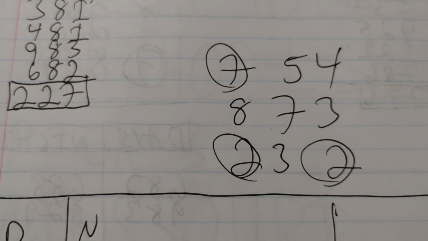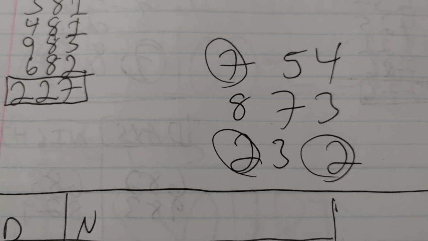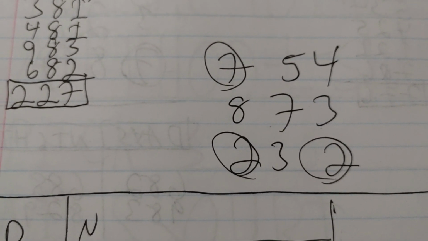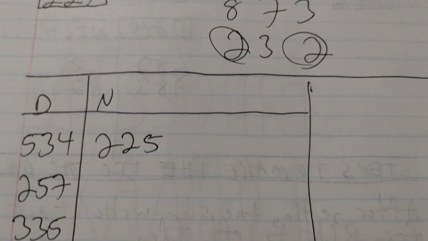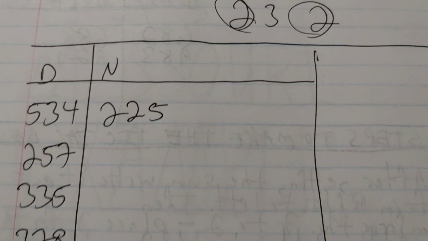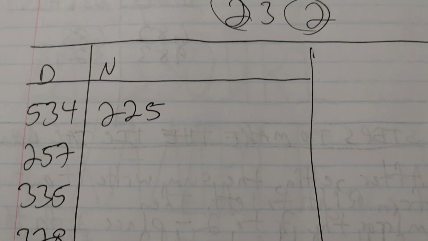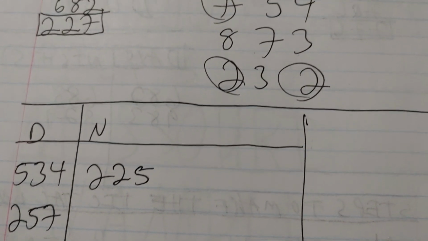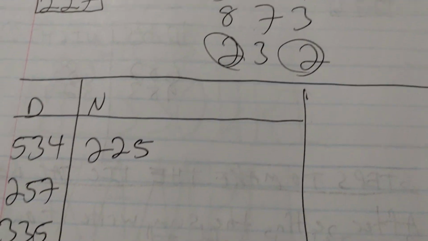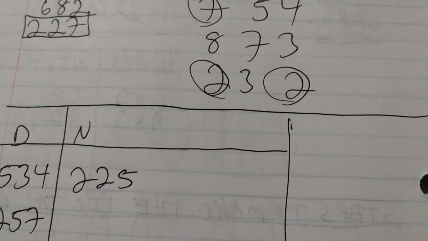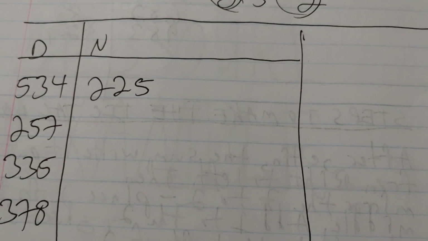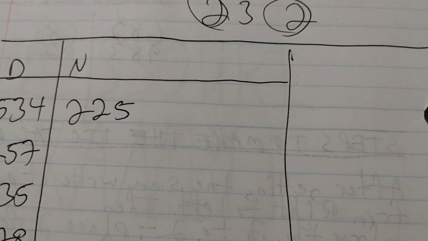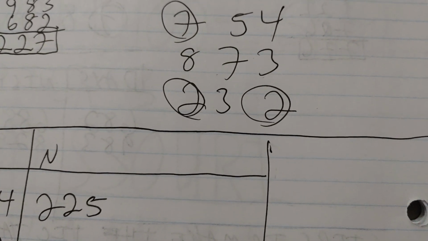You take that 227, write it out from right to left, and then fill in the box as already described. And then from that, on the day side that week for the next 7 days, you had 534 fall, 257, 335, 378, and on the night side you had 225.